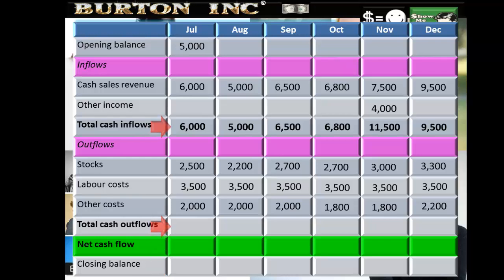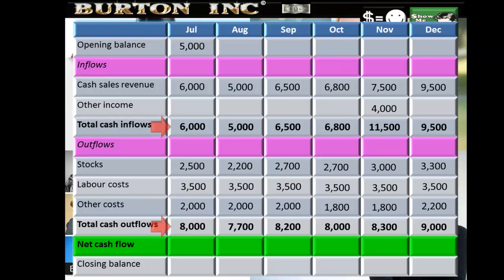And again, we just sum our total cash outflows to get our total cash outflow. Total cash inflows per month, total cash outflows per month, sorted. We can move on to net cash flow, which is simply our inflows less the outflows coming in.